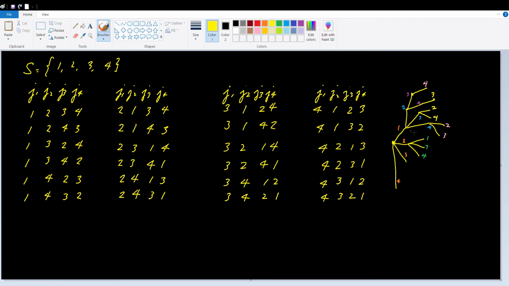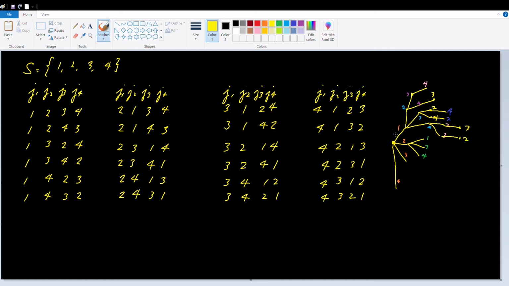Next, 1, 3, 2 will end at 4. And 1, 3, 4 will end up at 2. 1, 4, 2 will terminate at 3, and 1, 4, 3 will terminate at 2.